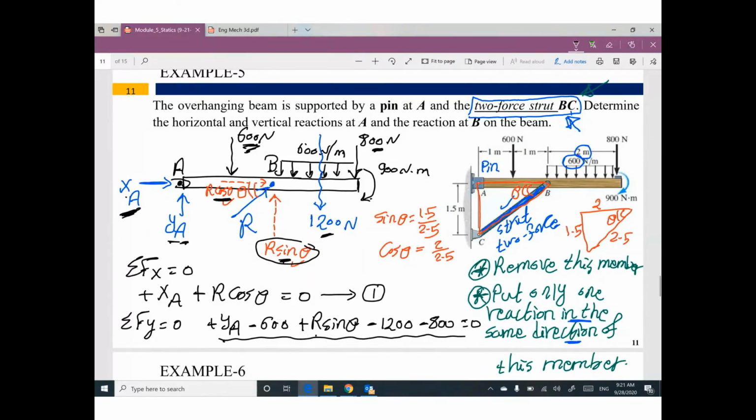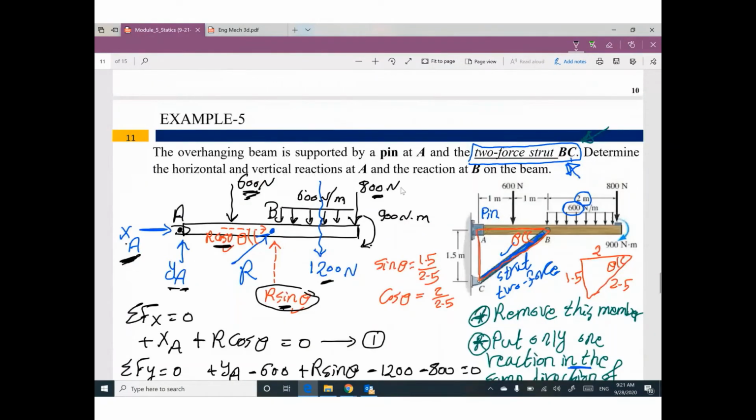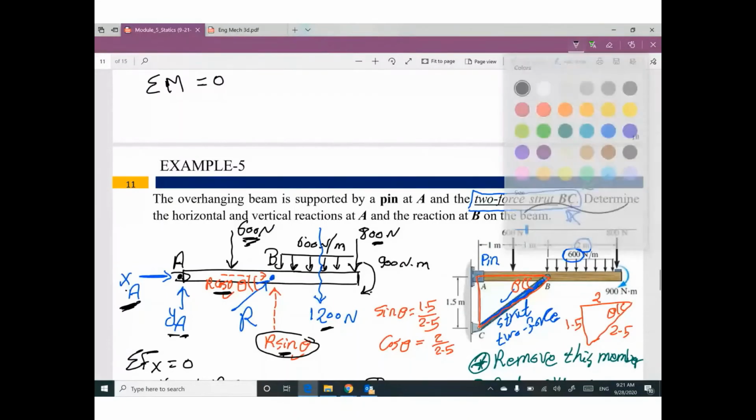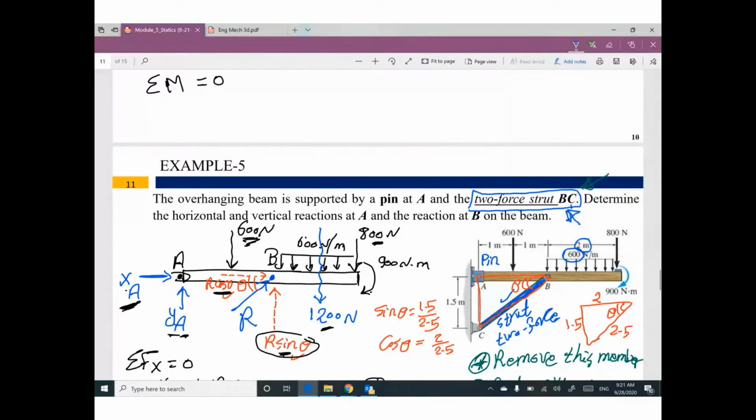So go ahead and apply the third equation. The third equation, summation of moment at any point equals 0. Guys, do you remember my recommendation? Take moment at any point.